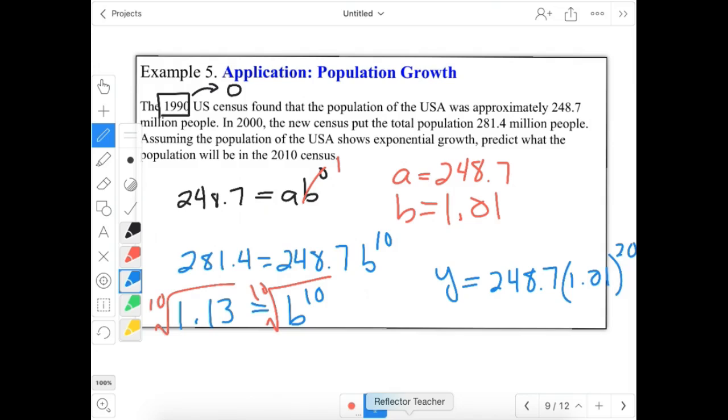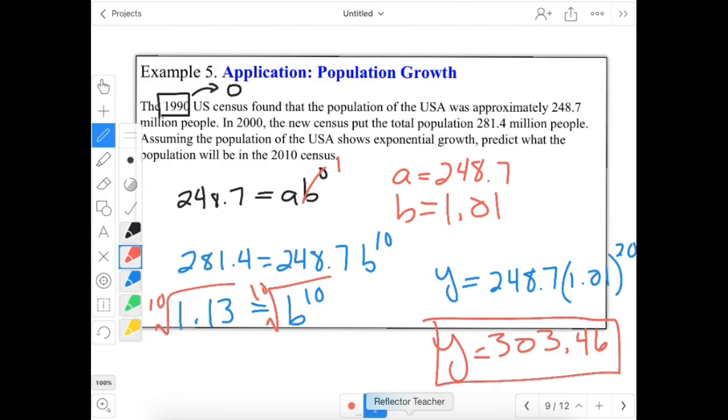So roughly, 2010 would be an estimation of 303.46 million people. I really should put my unit in there.